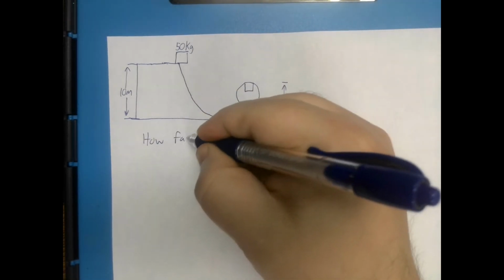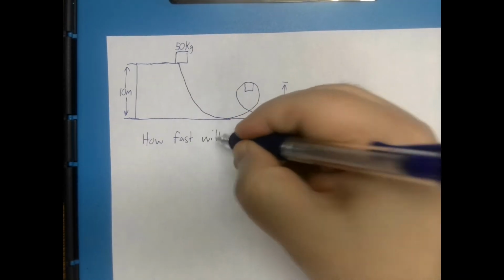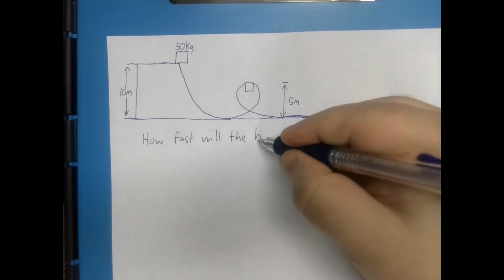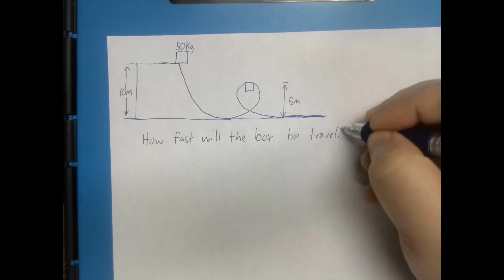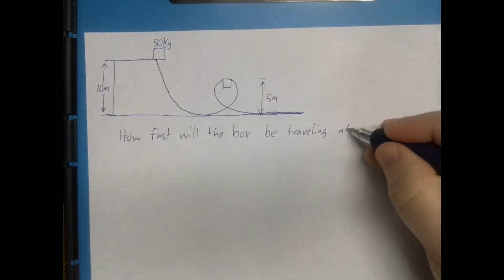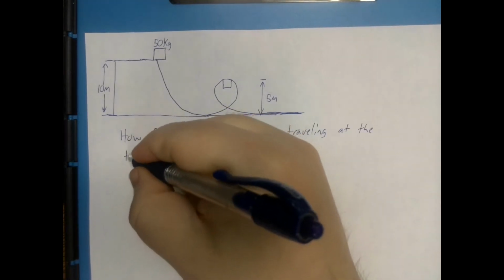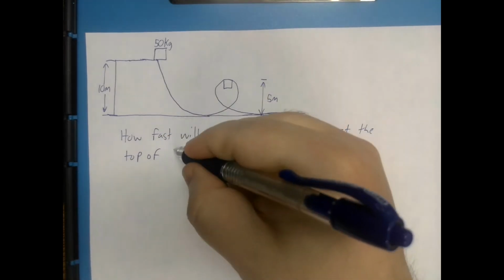So how fast will the box be traveling at the top of the loop?